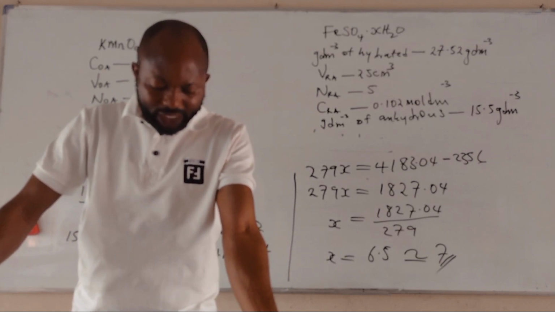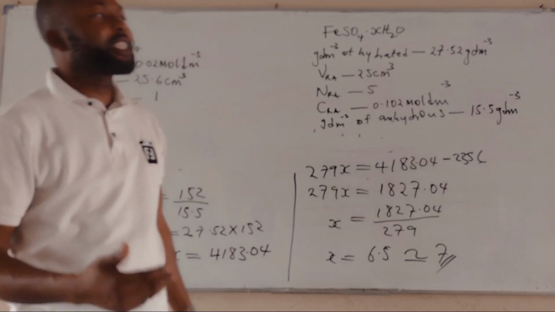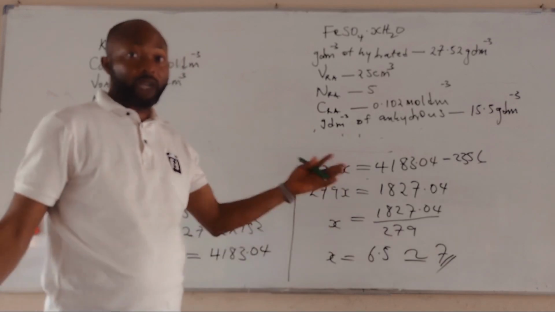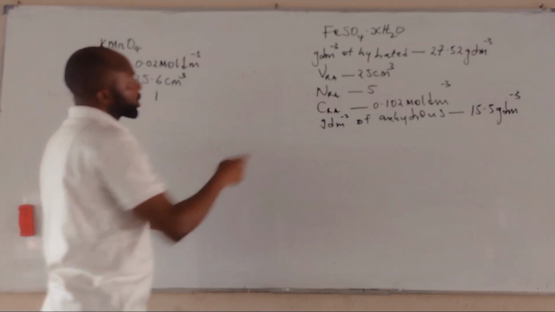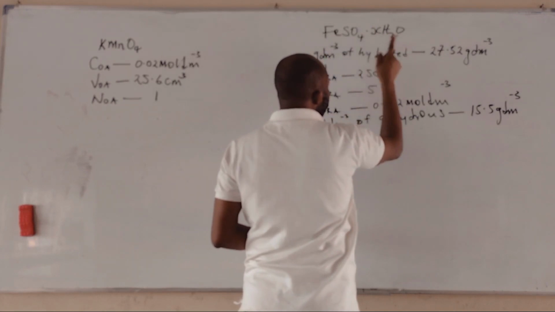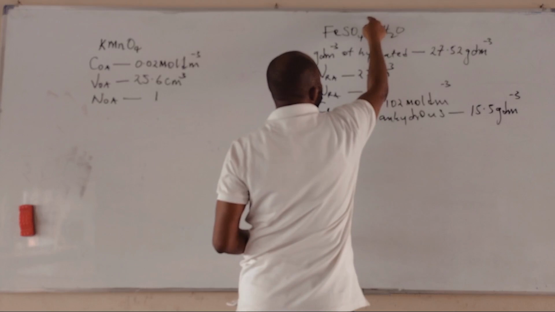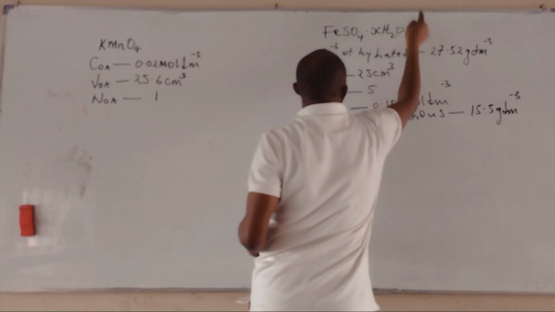Now let's calculate the percentage of water of crystallization. Let me clean the board so that I'll get it right. To get the percentage, it is the water over the total compound times 100.